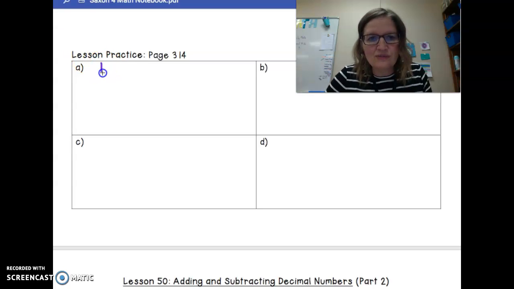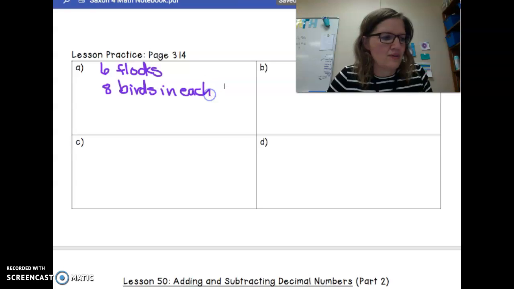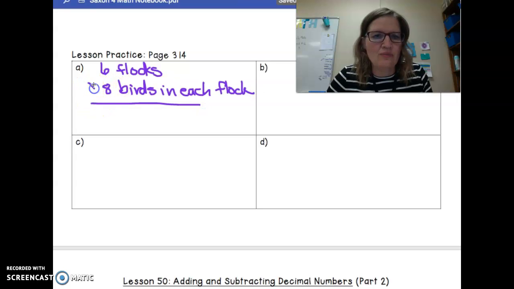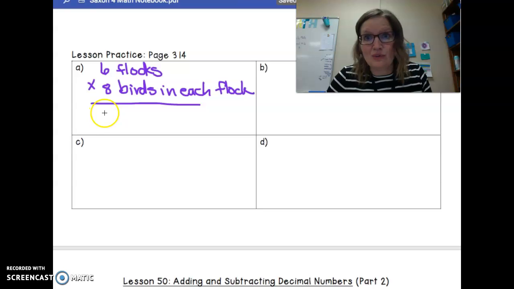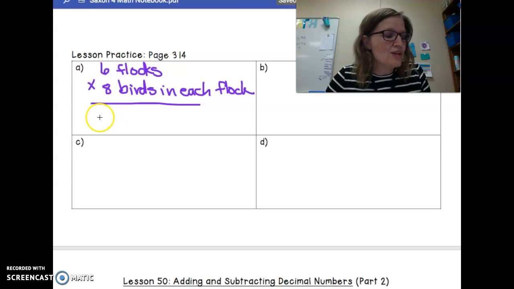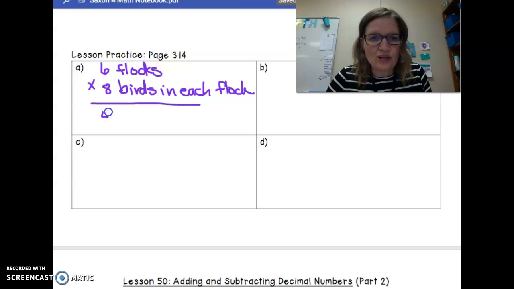We have 6 flocks, and we have 8 birds in each flock, and then we multiply this to find out how many birds are total. And because we know our math facts, we know that 6 times 8 is 48 birds.